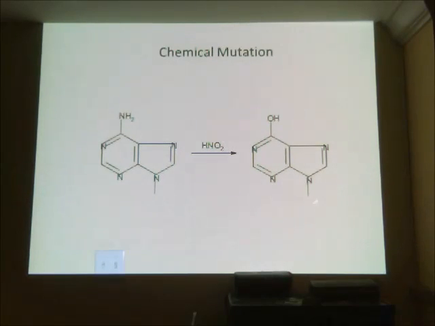So once we put the wrong code in there, we're going to get the wrong amino acid, which may mean we get an inactive enzyme, or something that does something entirely different. If enough of those kinds of mutations occur, that could cause a new species to develop. So that's one possible mechanism of speciation.